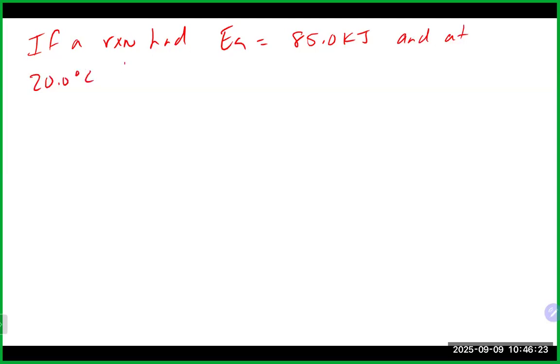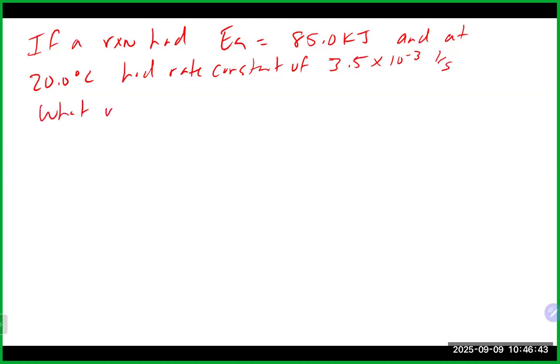If we had a reaction that had an activation energy, we'll go with 85 kilojoules, and at 20 degrees Celsius had a rate constant of, we'll go 3.5 times 10 to the minus 3 reciprocal seconds.